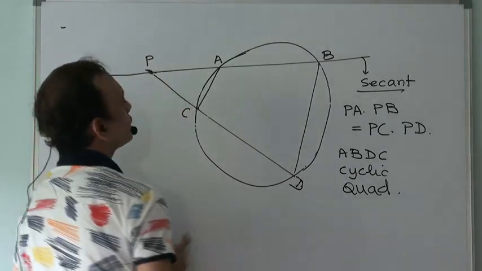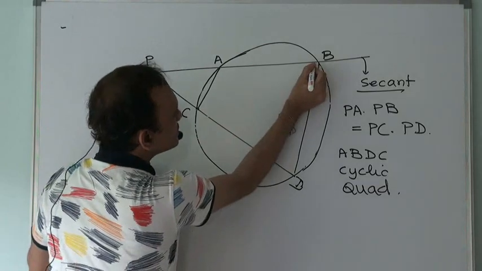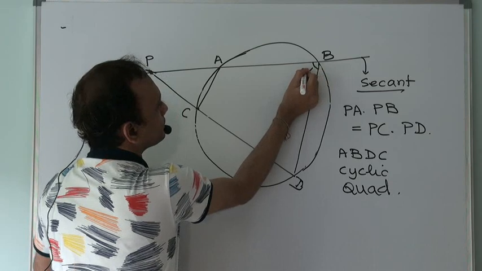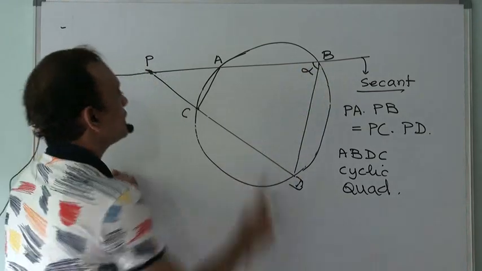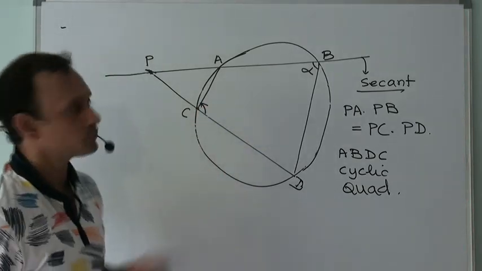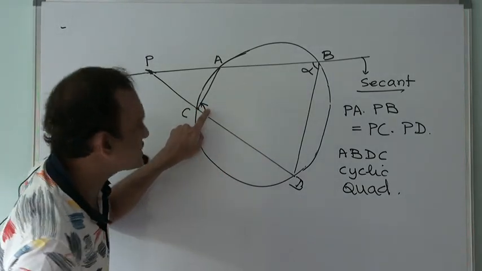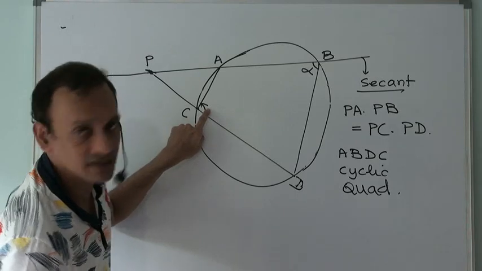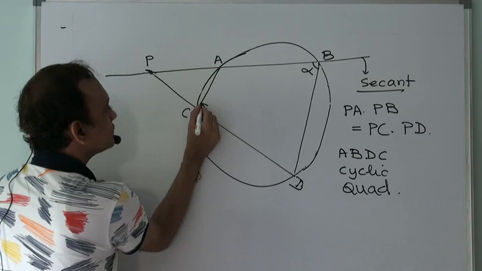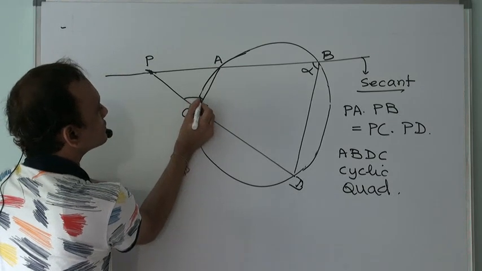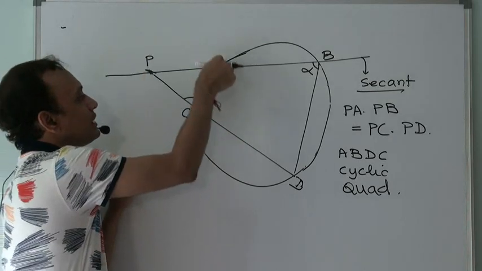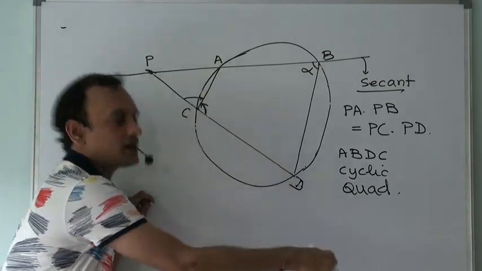Now, realize that this angle, if this is alpha, then alpha plus this angle is 180 degrees. Yes or no? Alpha plus this angle is 180 degrees, isn't it? And this angle plus this angle is also 180 degrees. Why? These are angles in the same straight line, right?